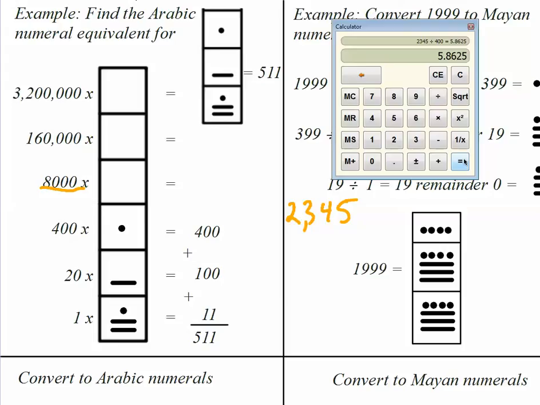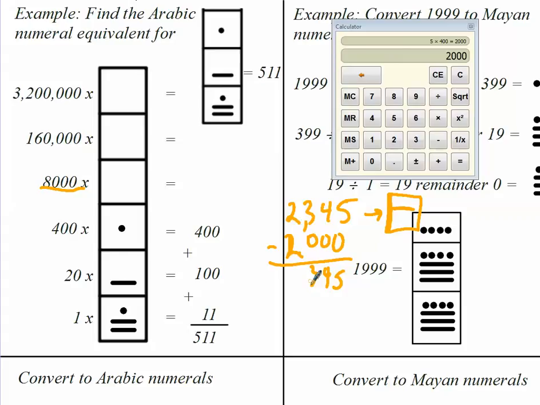So that means 5 times 400 is 2,000. So I'm going to subtract out that 2,000, and I'm going to trade it in for 5, just a flat bar, for my first place value. So I go ahead and subtract it out. So I get 345.